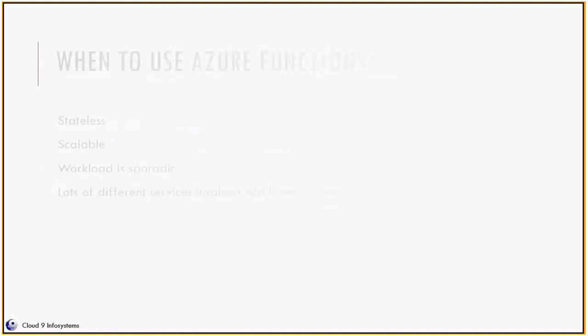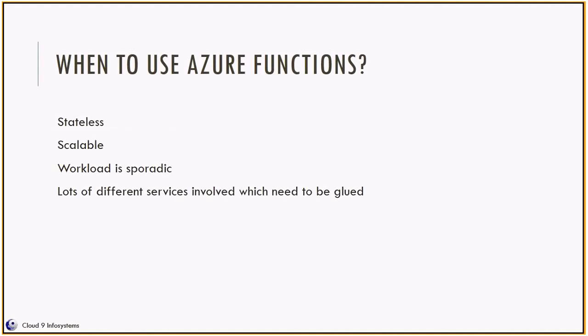When do we use this function? That's the question that comes to our mind, right? But this is what I think are probably the best scenarios when Azure Functions should really shine. Number one, if your application is stateless, like I mentioned before. Number two, if whatever logic your function is implementing needs to be scalable.